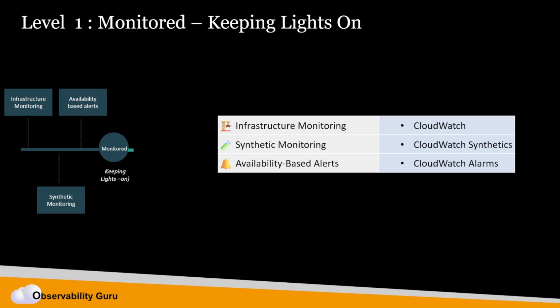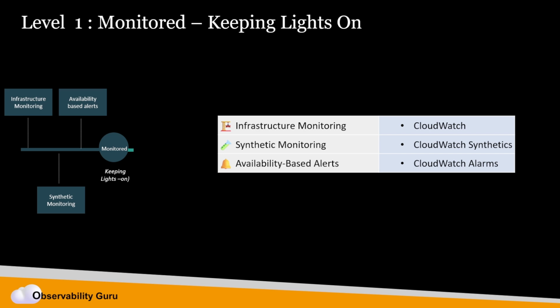We can leverage AWS services like CloudWatch for infrastructure monitoring, and we can use AWS CloudWatch Synthetics to enable synthetic monitoring. Synthetic monitoring is nothing but recorded journeys mimicking actual production and user journeys.